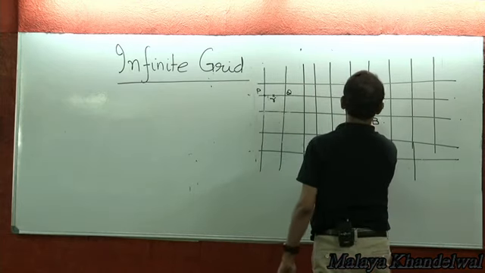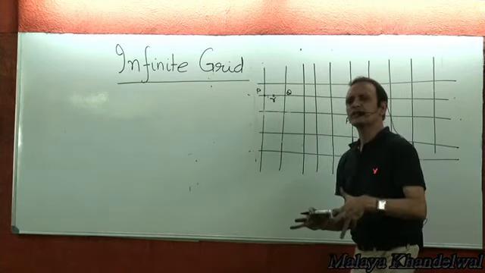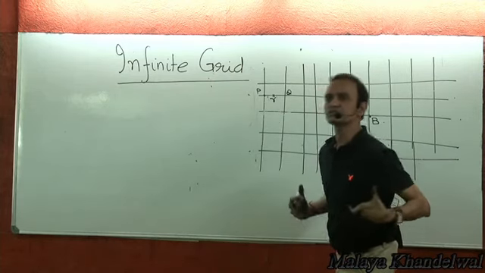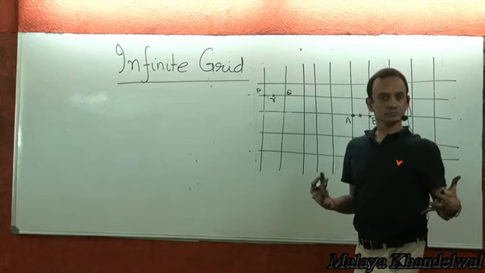Now look at this. It's as if when current enters A, circulates through the grid and then entirely passes through B, what's going to be the total resistance encountered?